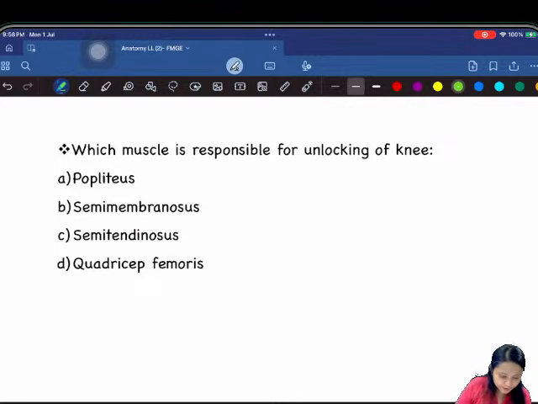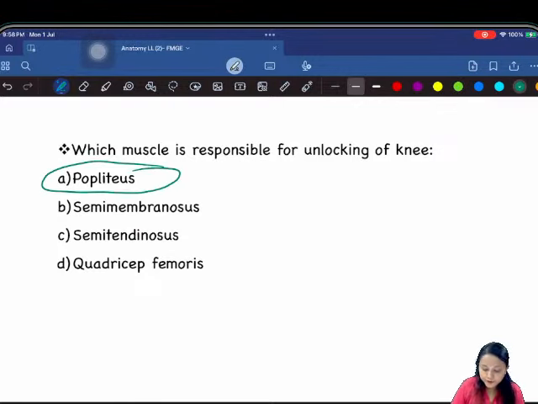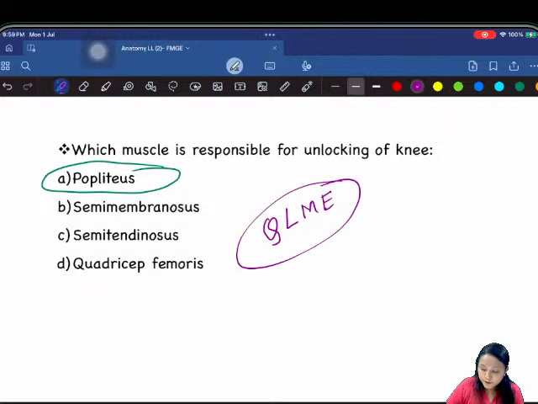Yes, the answer here, you are right. The answer is popliteus. You can also remember one more mnemonic which I have made myself. Locking, medial rotation, extension, and it is by quadriceps femoris.